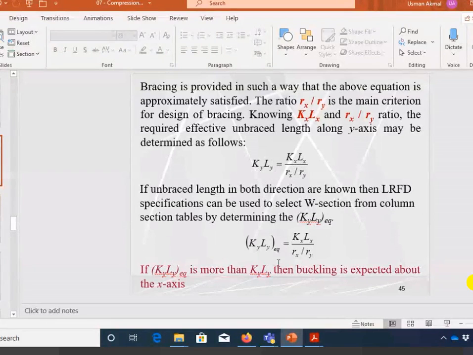Because these tables only provide the capacity about the y-axis. So if I want to check the capacity about the x-axis, I need to convert the effective length about the x-axis in terms of effective length about the y-axis. The procedure I have already explained.